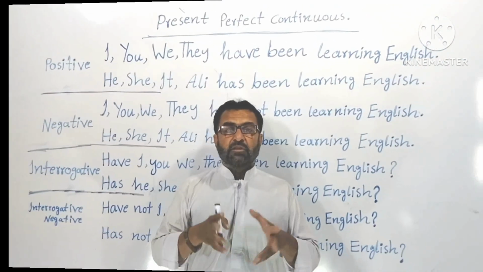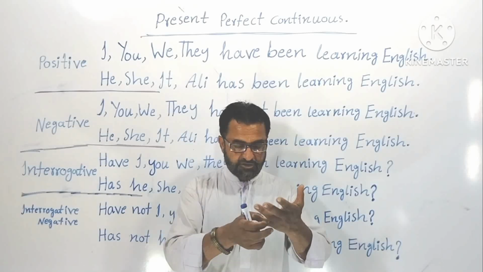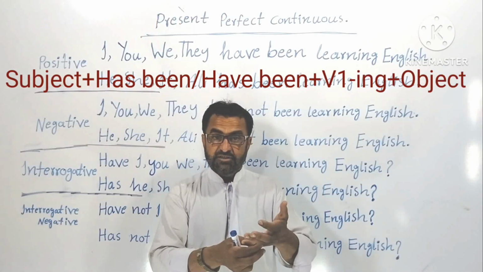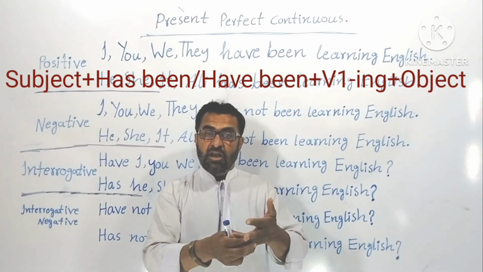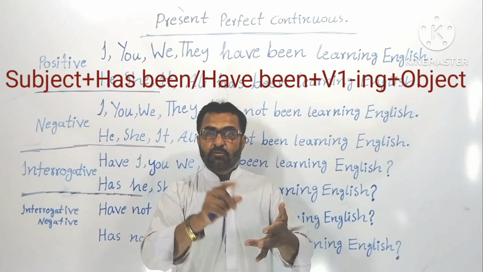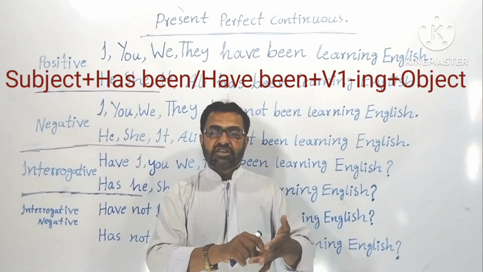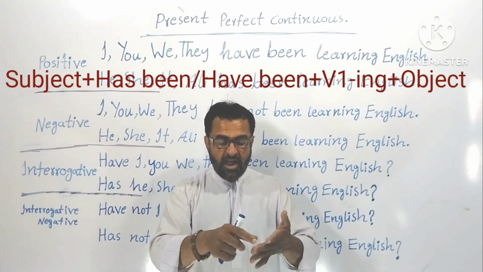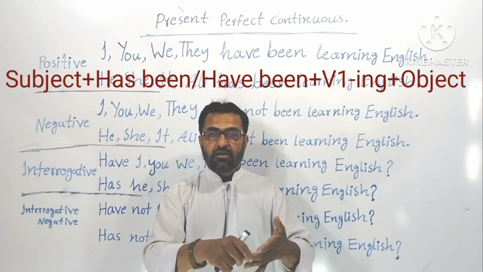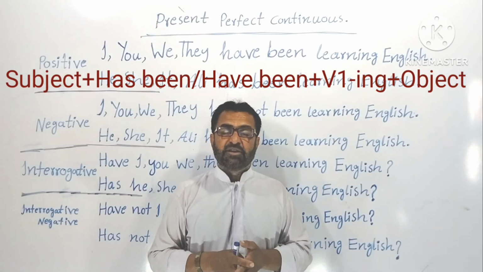Now, the formula of present perfect continuous: first of all, your subject, your helping verb, has been or have been. Have been is for plural subjects, has been is for singular subjects. After that, your main verb, the first form of the verb with ing. Then your object. Your sentence is complete here.